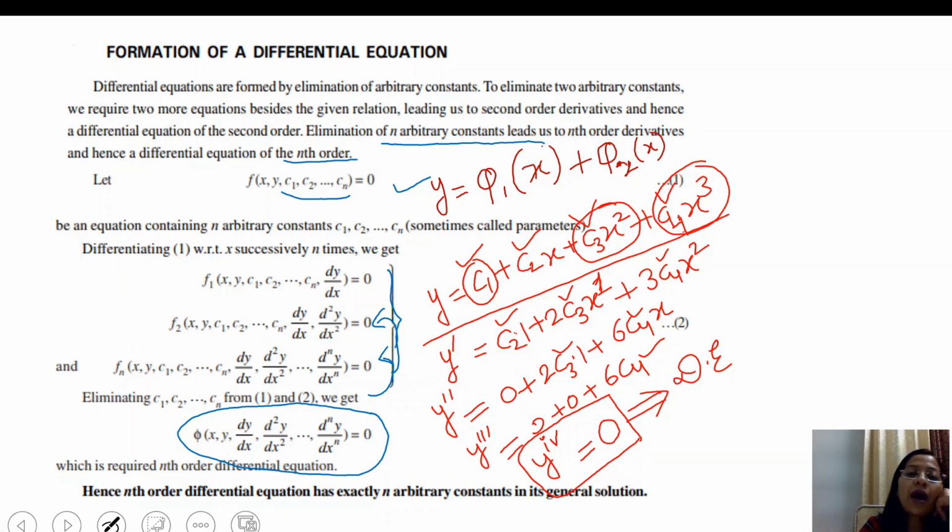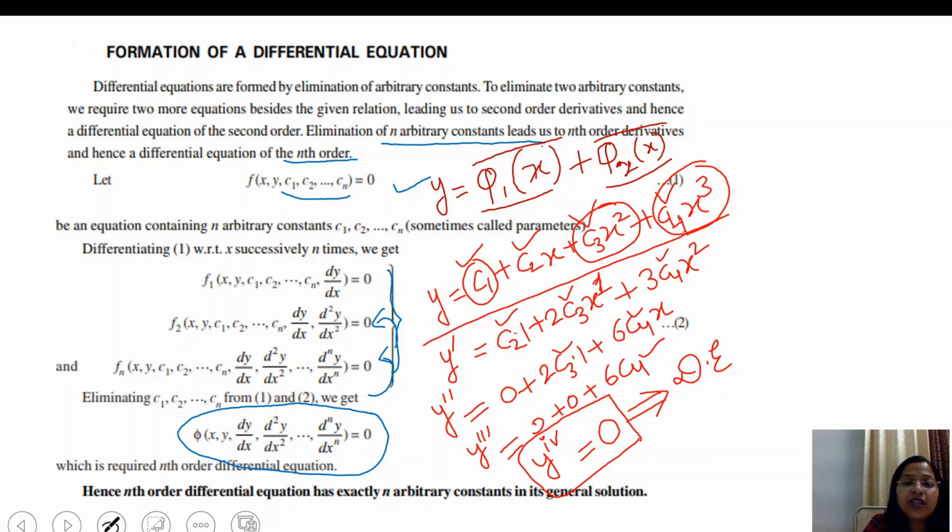So here I have two functions, phi1 and phi2, and these two functions we have to remove. This will depend upon the function given in the question. If we are able to remove these functions, then the resultant would be our differential equation.